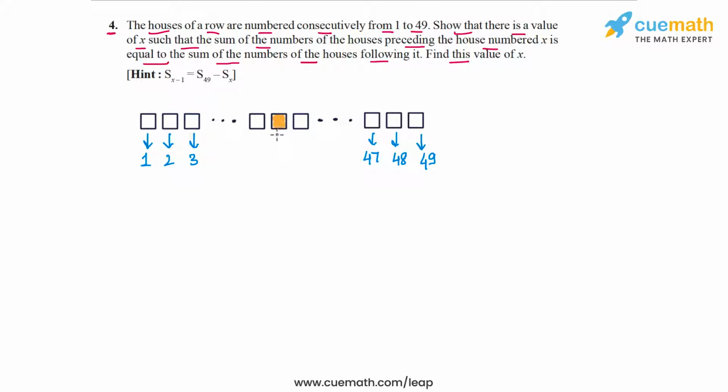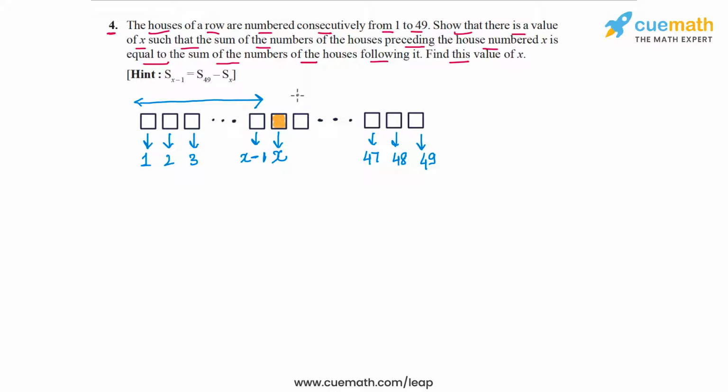Now this colored box is a house which is numbered x, and what the problem says is that the sum of the house numbers before this house should be equal to the sum of the house numbers after this house. So if you take all the houses before this house numbered x and add their house numbers, these houses will go from 1 up to x minus 1.